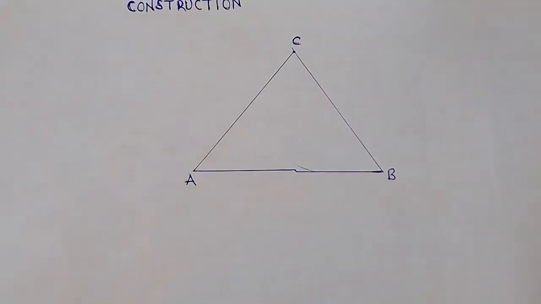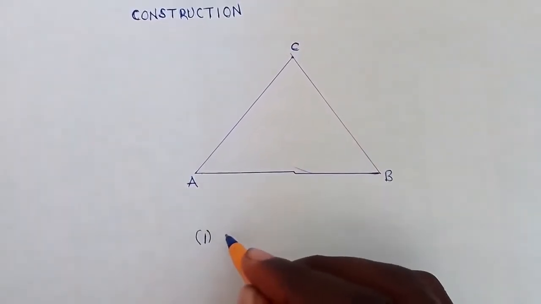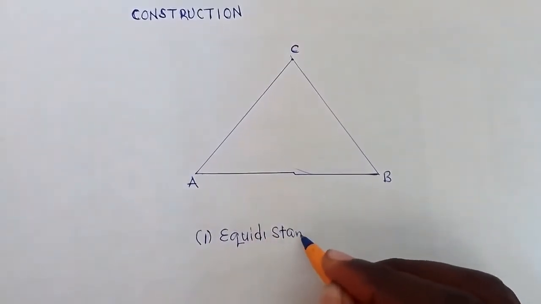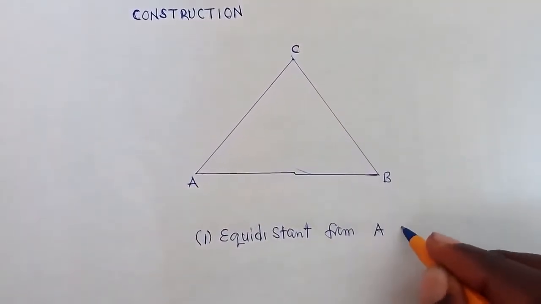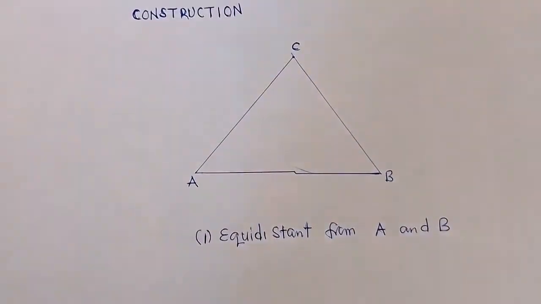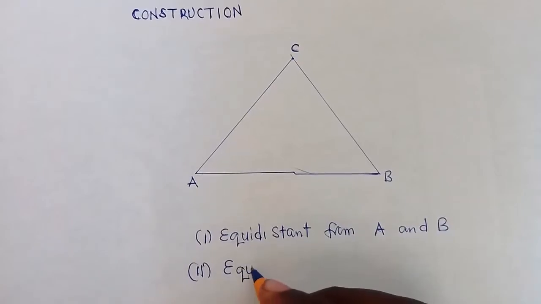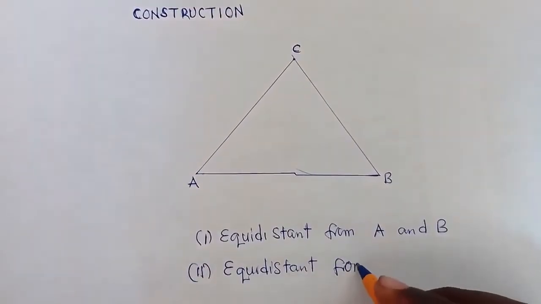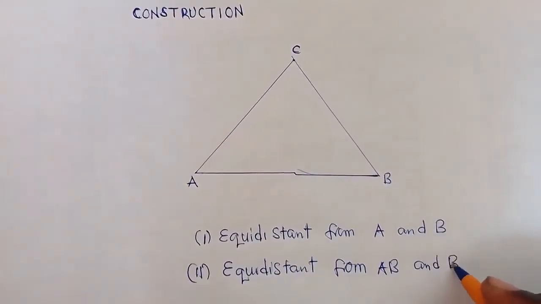I remember yesterday I gave you something which you practiced. These are the two things that we did. The first one was equidistant: you are given a question to draw the locus of points which are equidistant from A and B. The other one is you are told to find the locus of points which are equidistant from AB and BC.